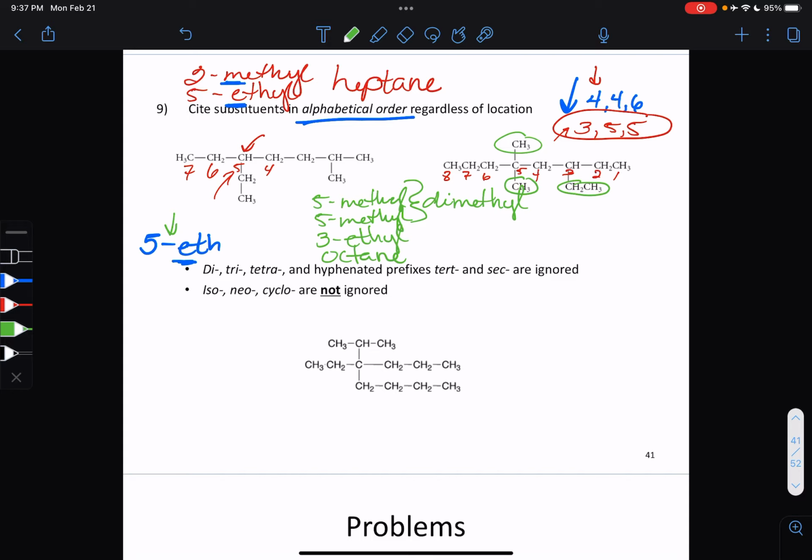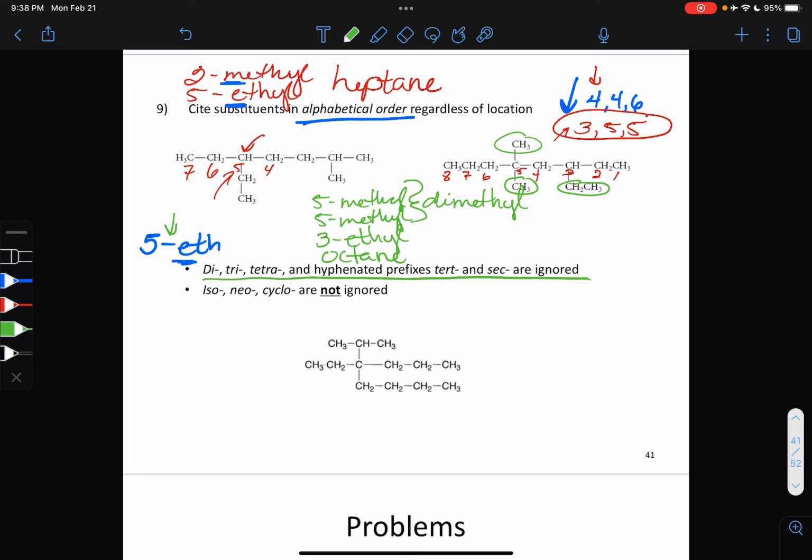Well, now we're going to want to say the dimethyl because D comes before E, but what IUPAC says, and I'm so sorry, my friends, is that di, tri, and tetra, and any kind of hyphenated prefix like tert, which is also T, or sec, which you can sometimes see as S, but not very often, are going to be ignored when it comes to the alphabetization for the order in naming.